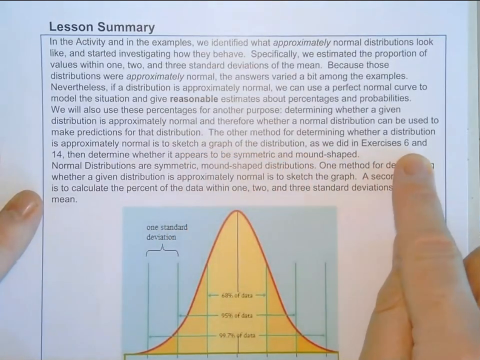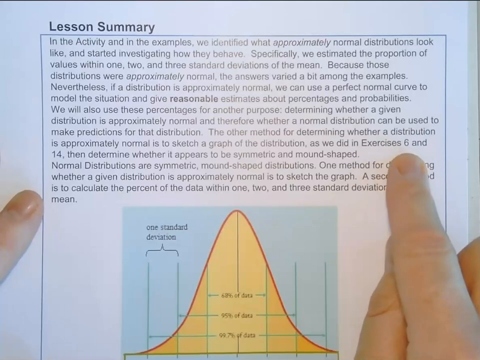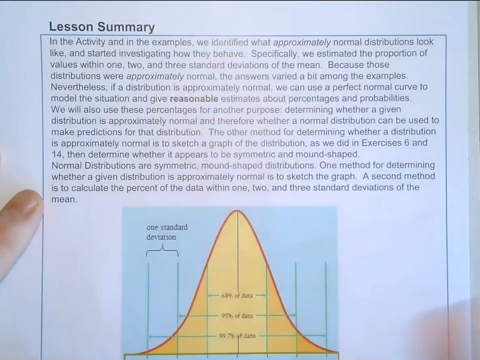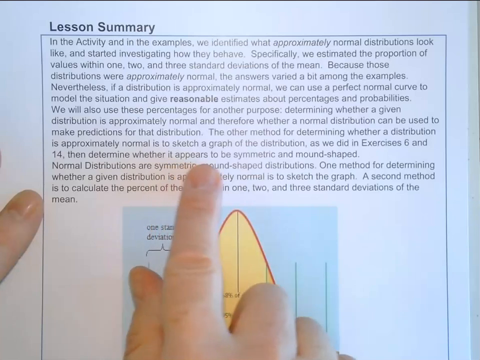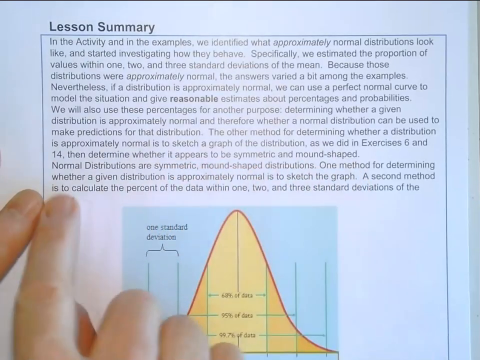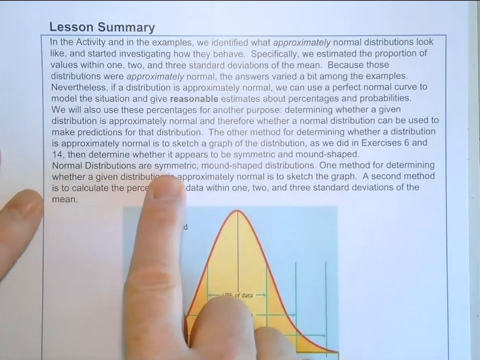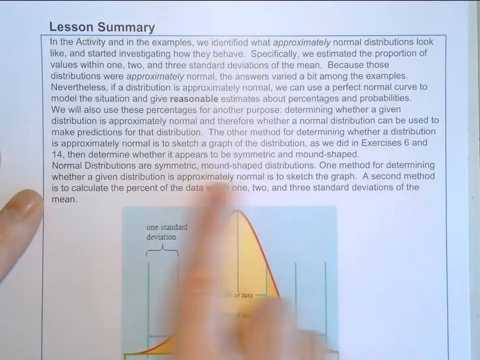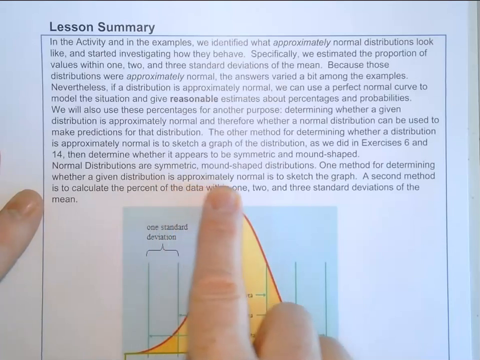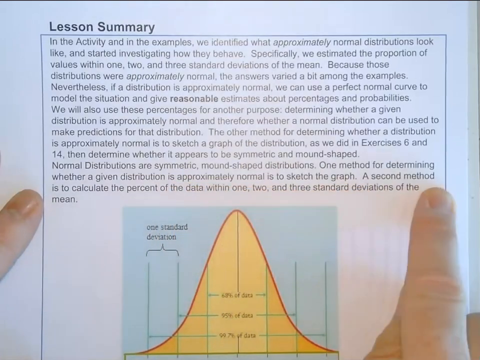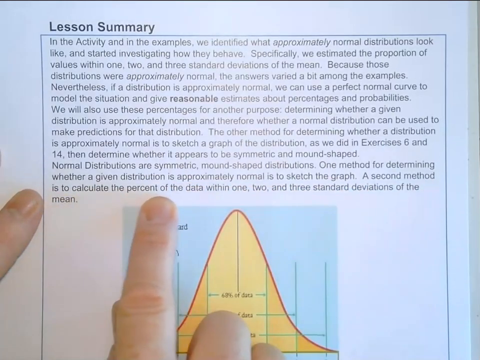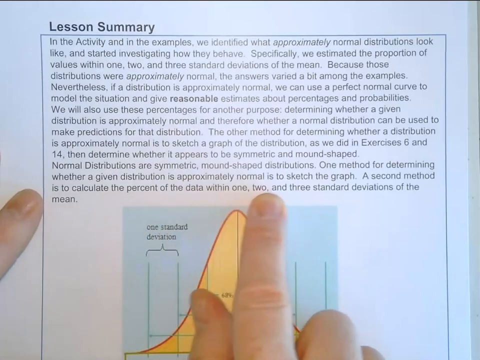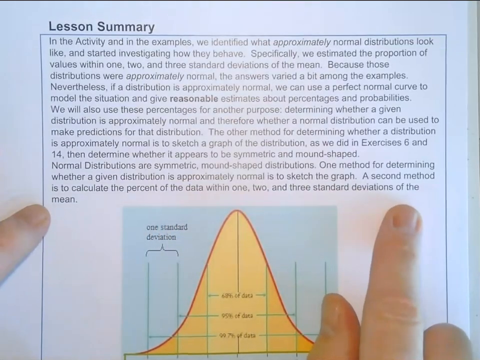As we saw in what we did, determine whether it appears to be symmetric or mound-shaped. Normal distributions are symmetric, mound-shaped distributions. One method is to sketch the graph. A second method is to calculate the percent of data within 1, 2, and 3 deviations of the mean.